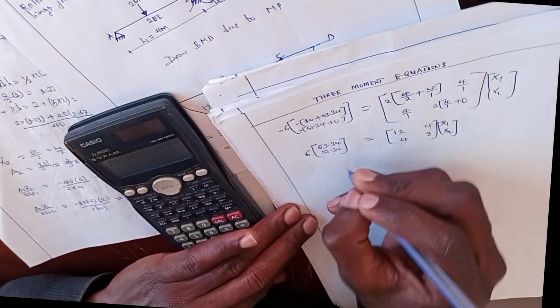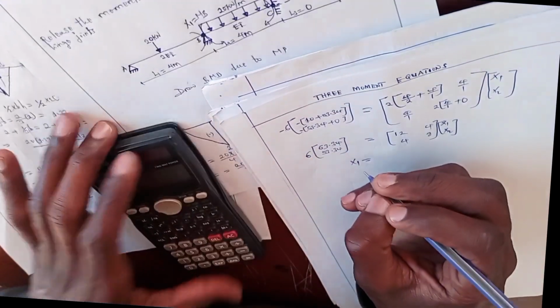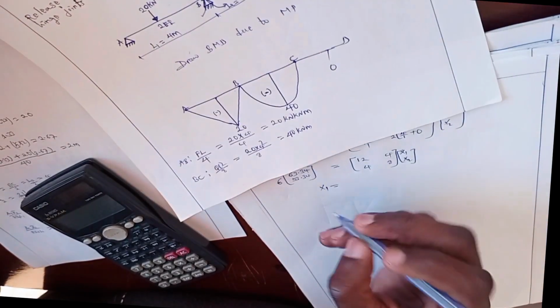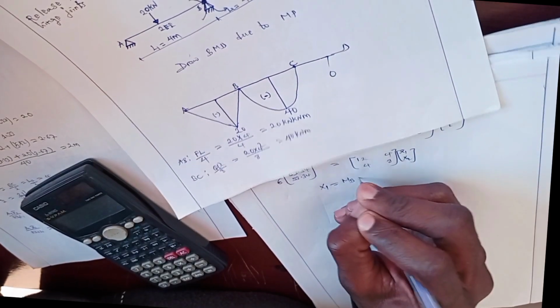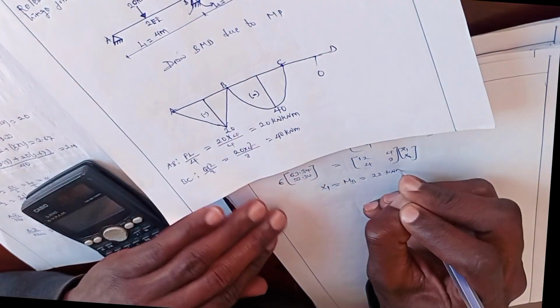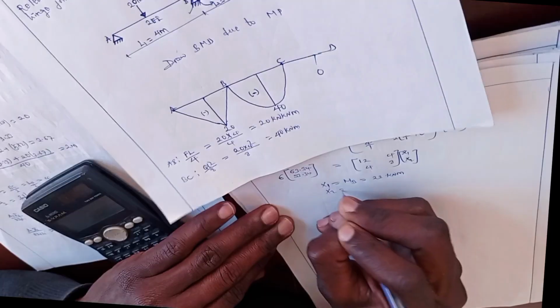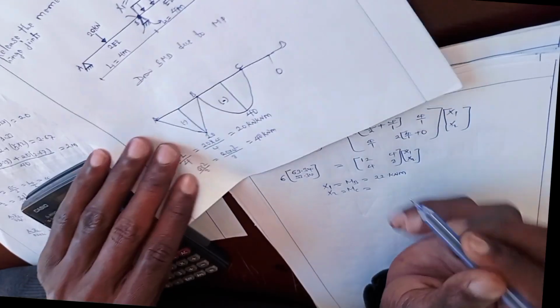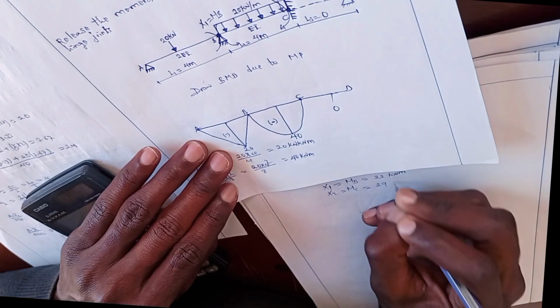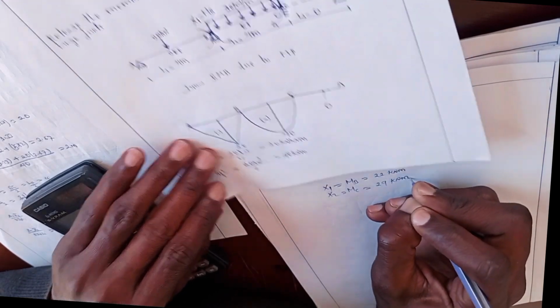It will be equal to x1, which is equal to moment at point B. It will be equal to 22 kilonewton meter. X2, which is equal to moment at C, it will be equal to 29 kilonewton meter.